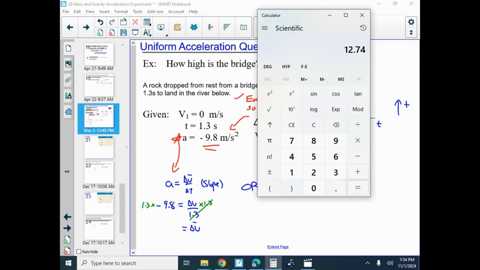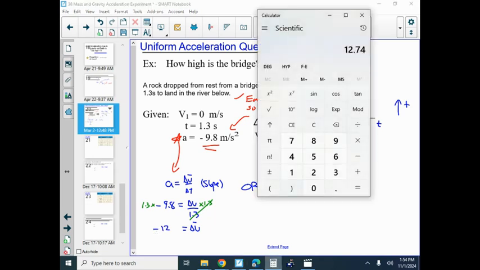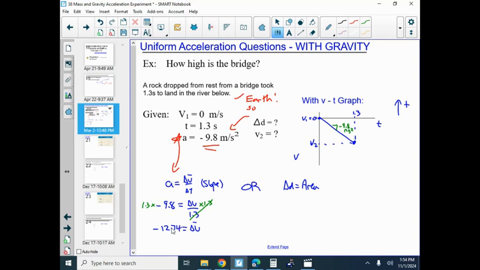Please don't use a negative button when you're doing something like that. Just know what you're doing, right? 12.74. Go to university, you hit a negative button doing that, someone's going to probably laugh at you. Maybe not. I don't know. Depends if you're around nicer people than I was. But yeah, the idea is you don't need it. Don't do it.